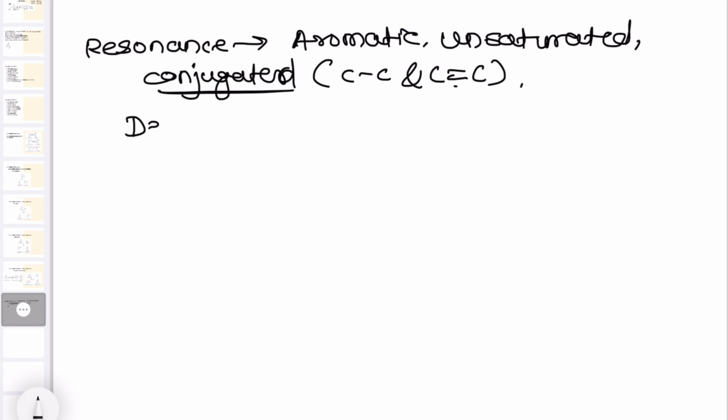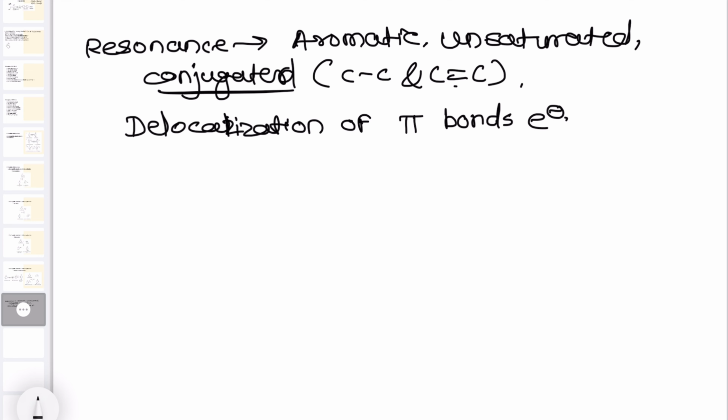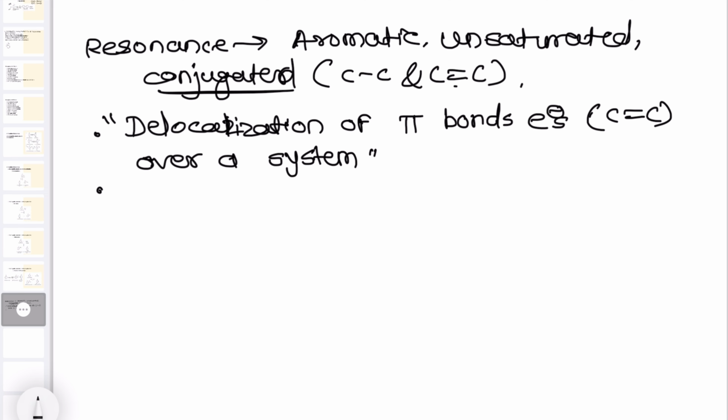Then resonance means delocalization of pi bond electrons. Pi bond electrons means double bond electrons, over an aromatic system or a system, is known as resonance.